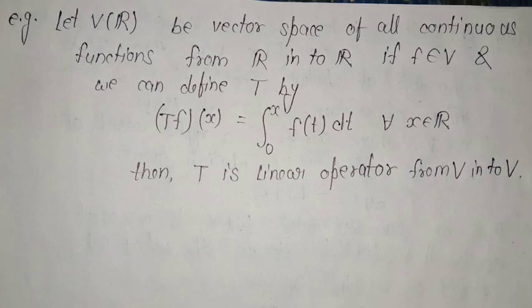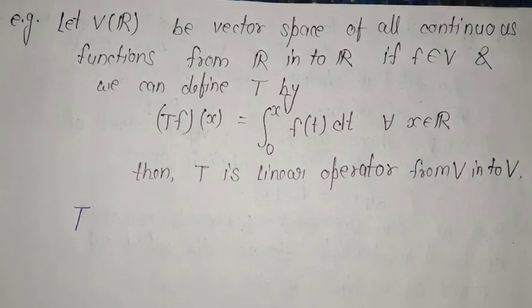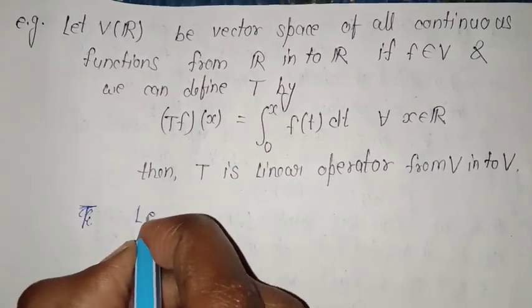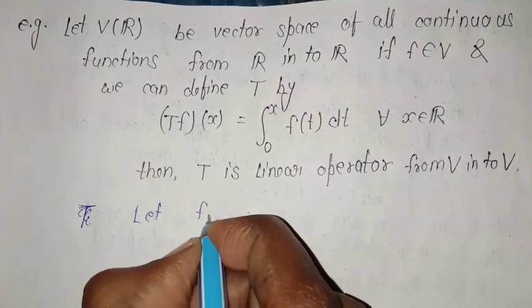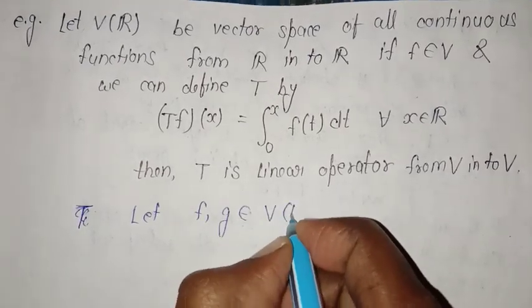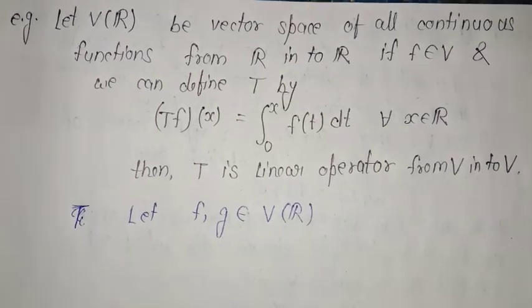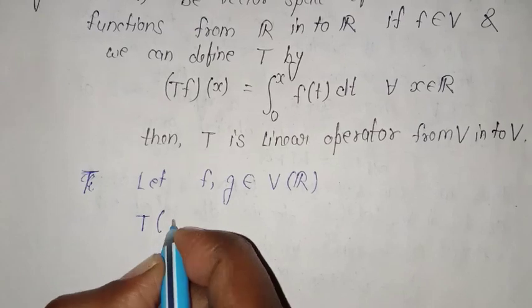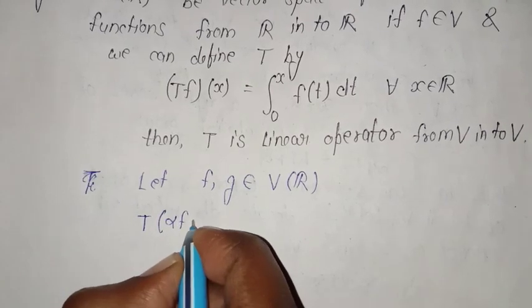So now we will check the property of linear operator. So let f, g be two elements of the vector space V over R. Then by the definition of linear operator, T of alpha f plus beta g.